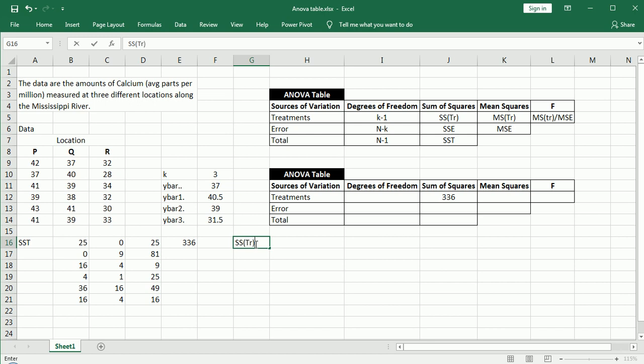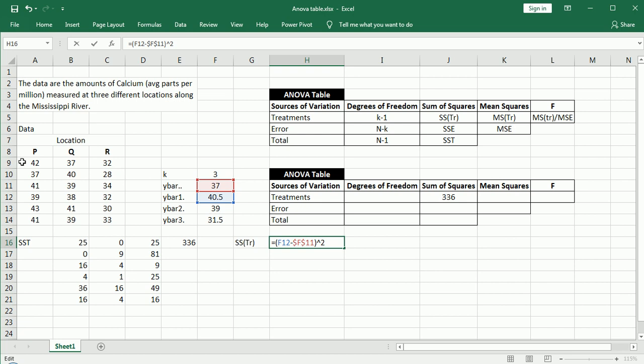Now, I made a mistake in that very first video, and you should have seen a little annotation pop up correcting the formula. So let me just remind you what the formula was. Here, I'm going to take each y bar, so let me use parentheses, and subtract y bar dot dot from it, lock that, and then square this. What I forgot to write in that first video is that we then multiply this by the sample size.